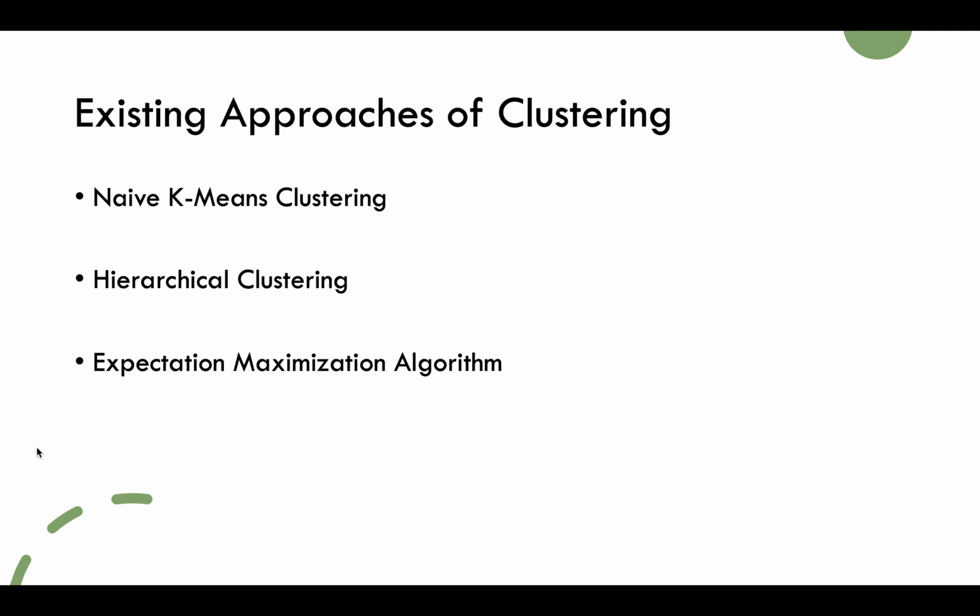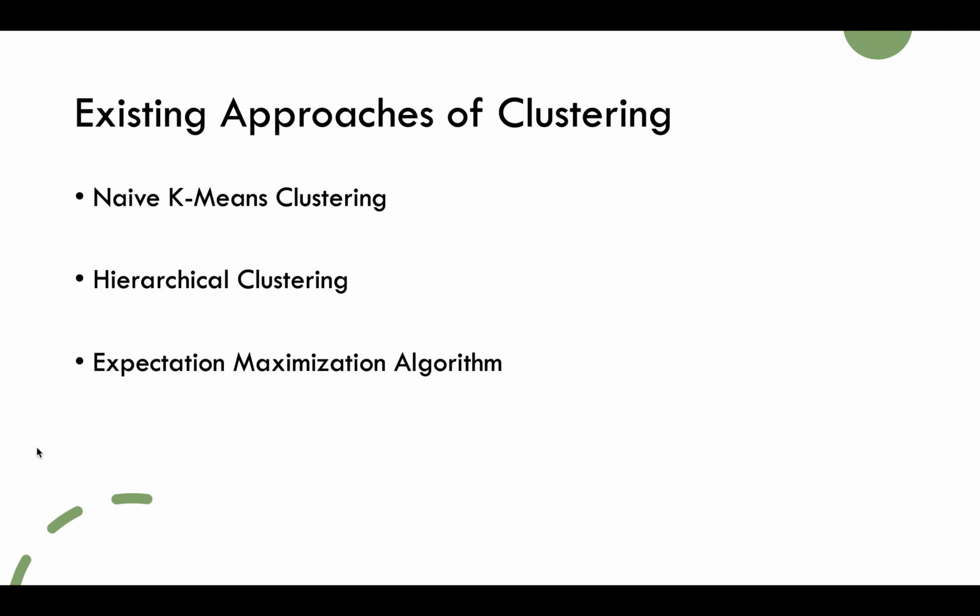There are two approaches in this case. The first is agglomerative clustering, in which each of the points in the data set begins as a cluster, and then they are merged in an iterative manner to get the desired optimum clusters.